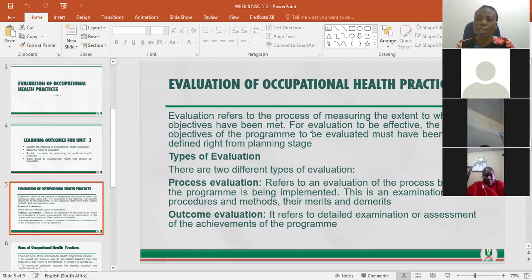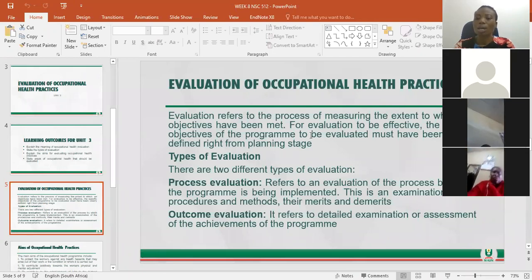We also have basically 2 types of evaluation. What are they? We have process evaluation and outcome evaluation. From the word process, it simply tells you that this is more of looking at what is being implemented. You want to look at the procedures.